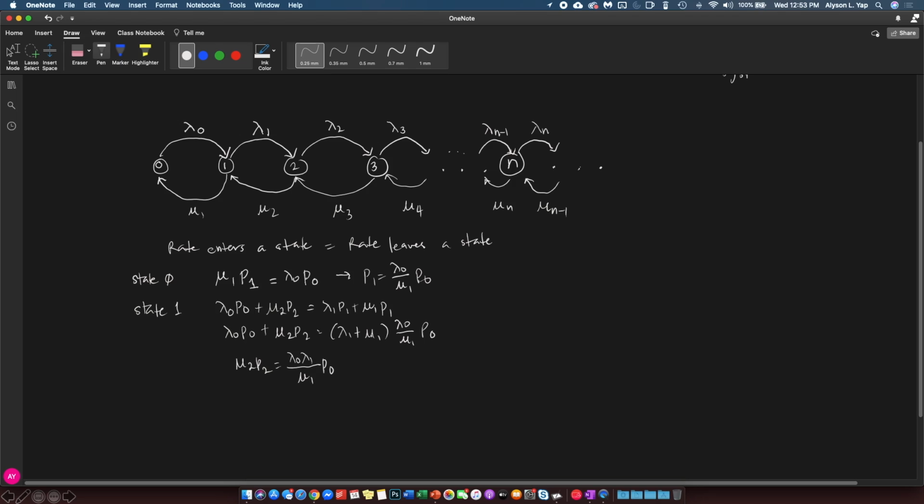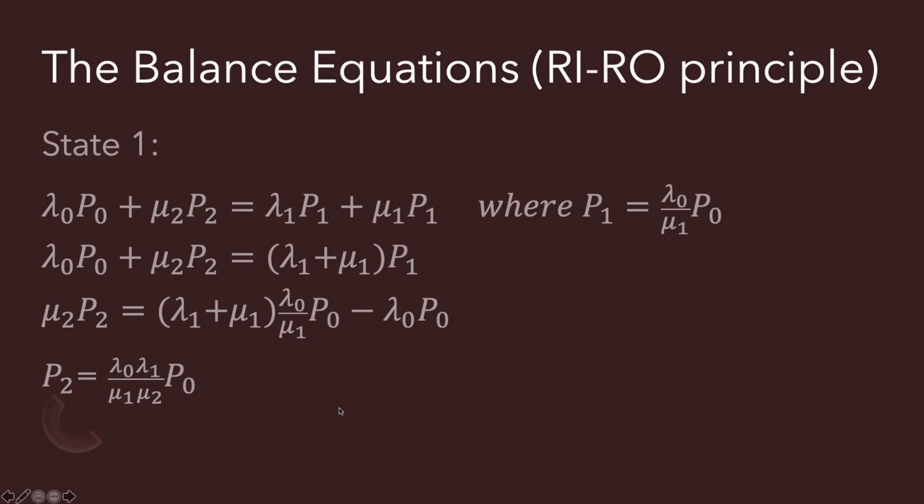And if we multiply lambda 0 over mu1 P0 times mu1, we can cancel out mu1 and we are left with lambda 0 P0. But we need to subtract lambda 0 P0, so this cancels. Okay? And finally, if we divide everything by mu2, we get a balance equation formula where P2 is equal to lambda 0 lambda 1 over mu1 mu2 P sub 0. And that is what we have here.